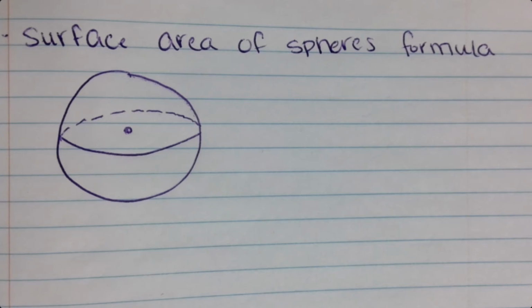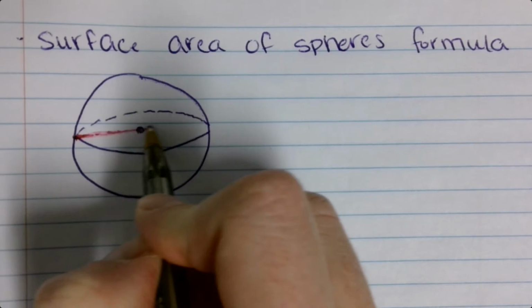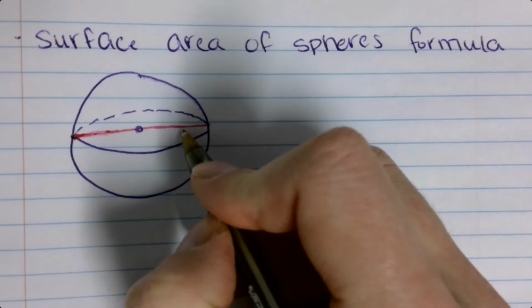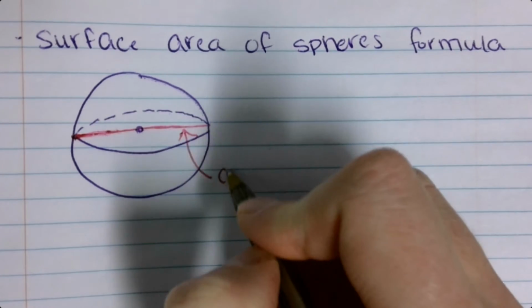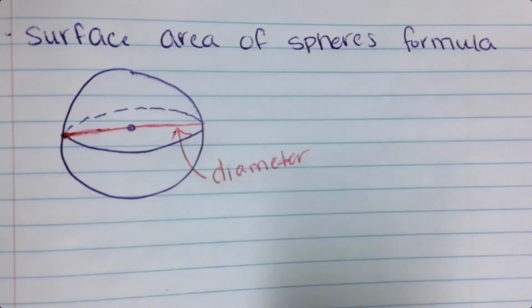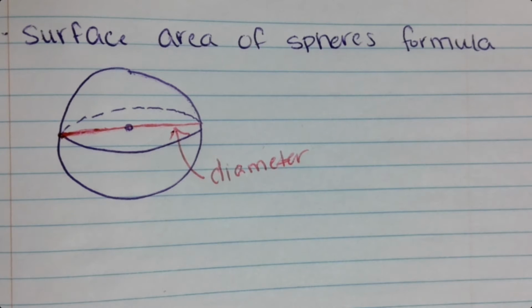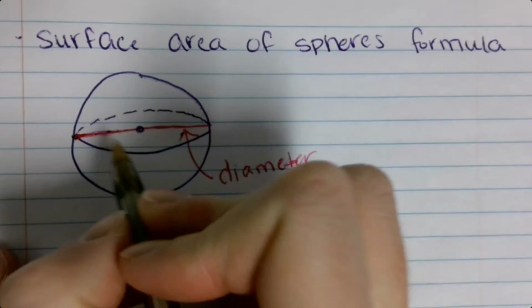So then we are going to label the different pieces. Start at the far left side and go all the way across. This is going to be the diameter. Remember, we talked about the difference between diameter and radius last class. So remember, if it goes all the way across the circle, it's diameter.